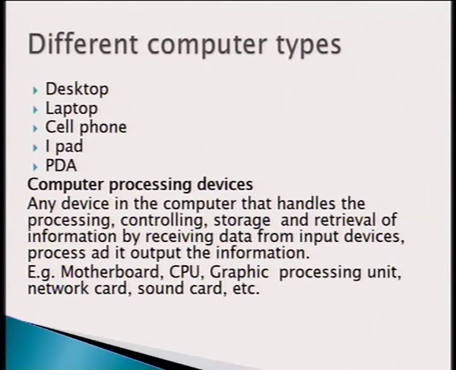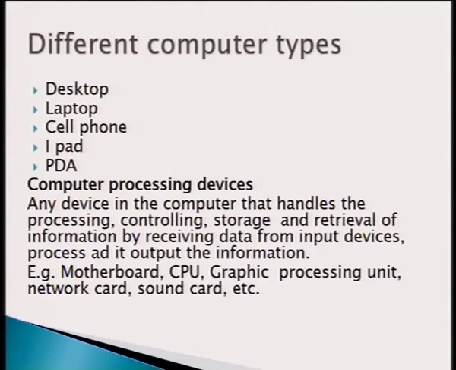I can do the same with my cell phone, so I can regard it as a computer, especially when it is a smartphone. iPads are smaller versions of laptops. And then the personal digital assistants are also another form of computers.